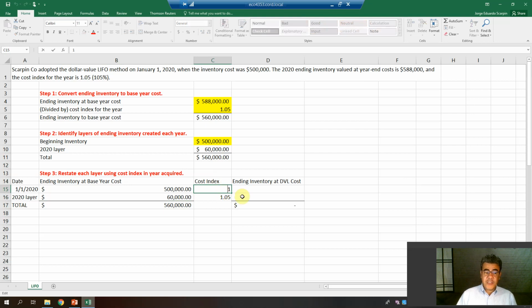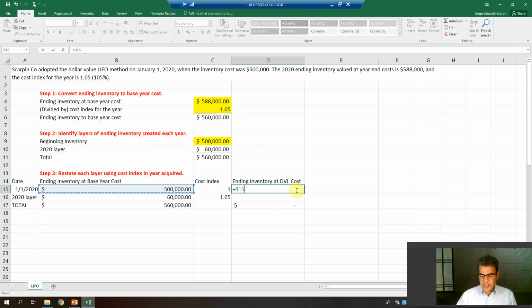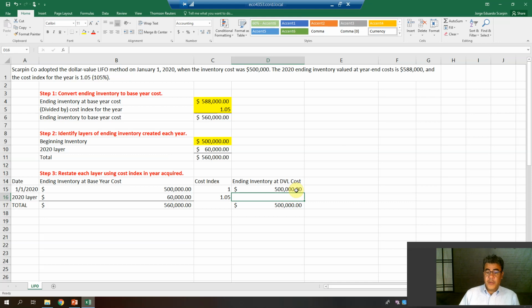How much is our cost index? For the beginning inventory, 1. Cost index for the layer, 1.05. So the beginning inventory at base year cost times 1, so we don't inflate it again because it is our beginning inventory in our T account.